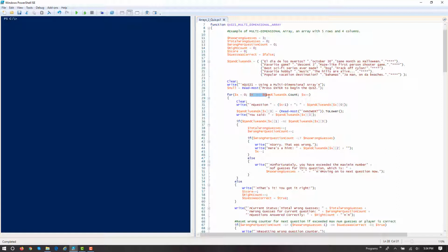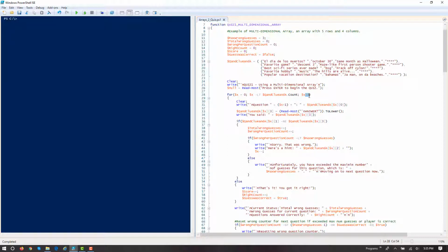All right, the condition or test portion, as long as x is less than q.Count. Well, that's going to return the number of rows, right? The number of elements. So how many? 5. So x is going to loop 5 times because here in the action portion, we just have a postfix increment.